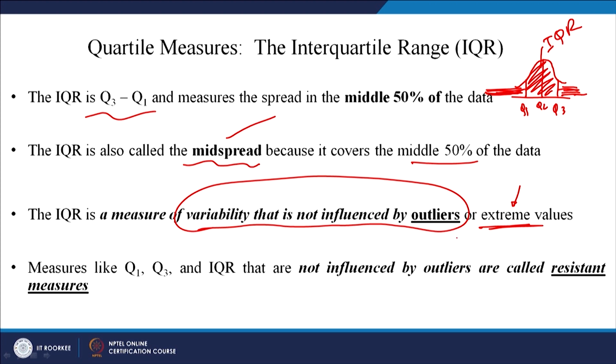So, that is why it is not influenced by outliers. Measures like Q1, Q3 and IQR that are not influenced by outliers are also called resistant measures. So, you can call them resistant measures as well.